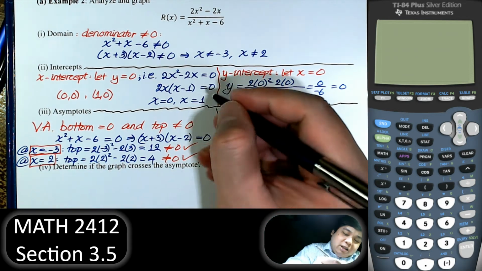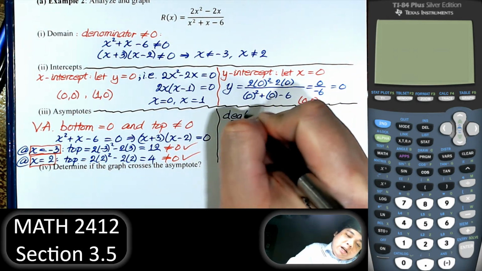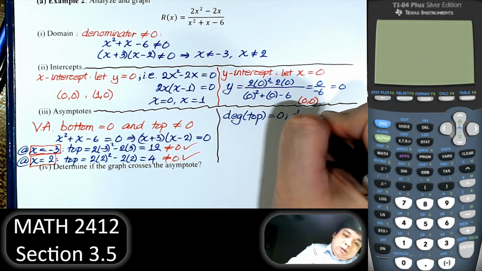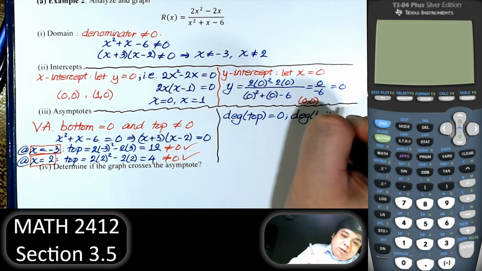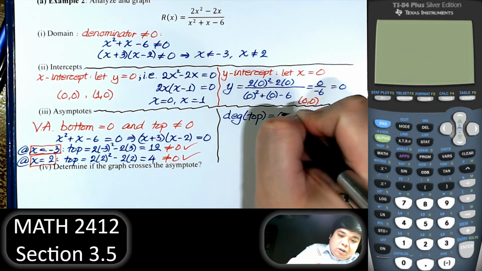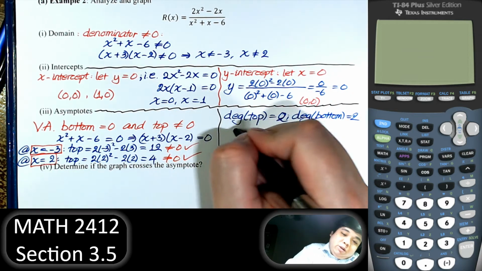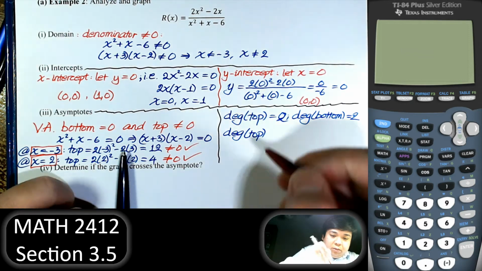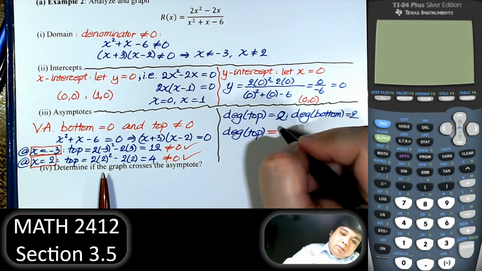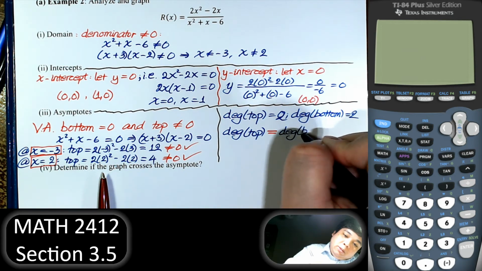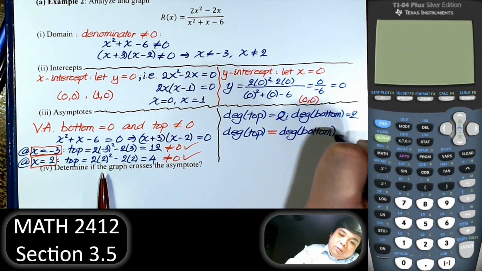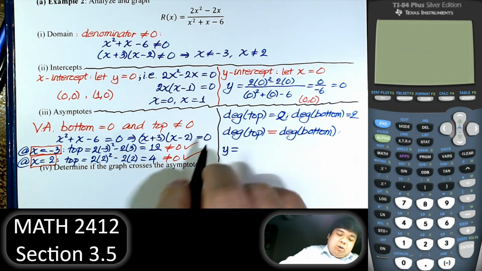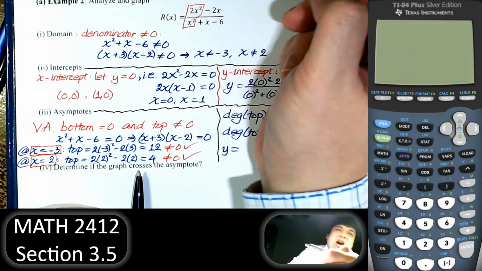As far as degree goes, the degree on the top is 2, the degree at the bottom is 2. So if the degree on top equals the degree at the bottom, we have y equal to the ratio of the leading coefficients. We pretty much divide those highest terms.